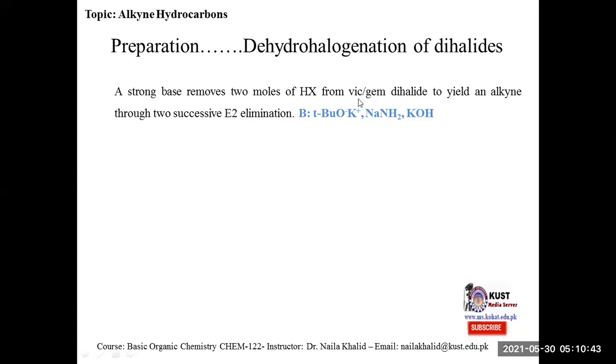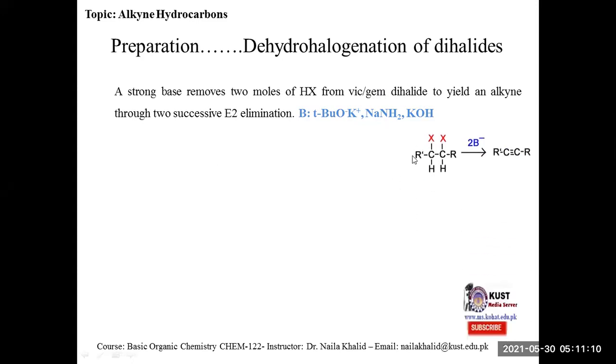A vicinal dihalide is one in which the two halogens are present on adjacent carbons, whereas geminal dihalides are those in which the two halogens are present on the same carbon. So mechanistically, you can say that it is the successive E2 elimination of hydrogen halide from dihalide.